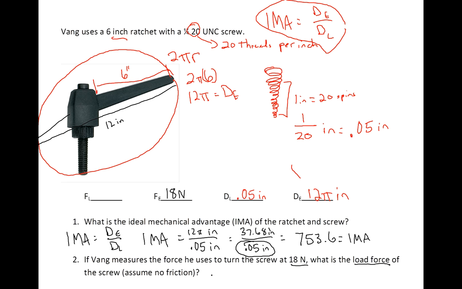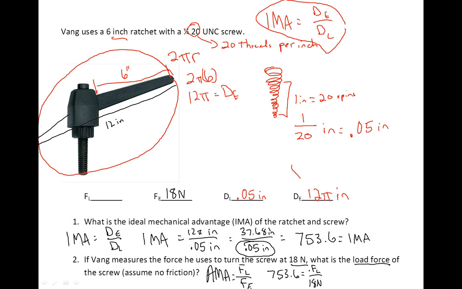We have an equation, AMA equals force of load over force of effort. Our AMA, for the purposes of this problem, and our IMA are the same, so we'll say 753.6 equals force of load, which we don't know, over force of effort, which is 18 newtons.